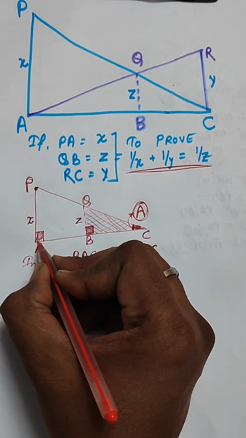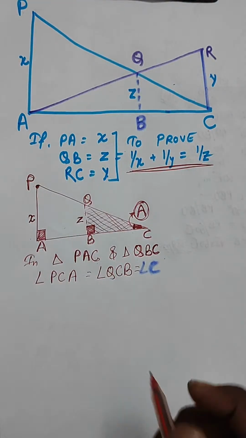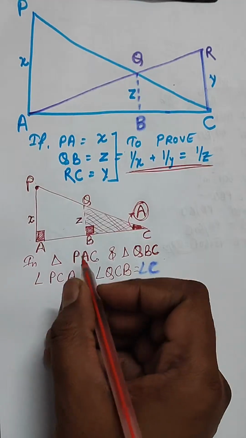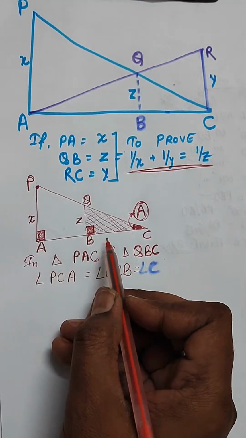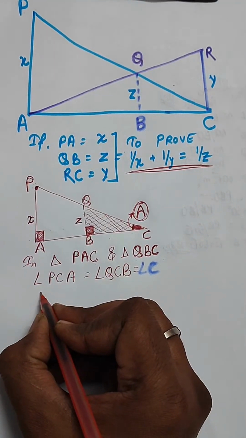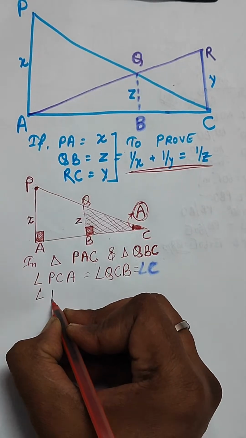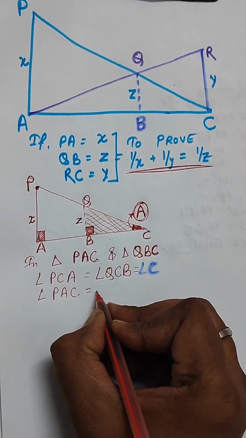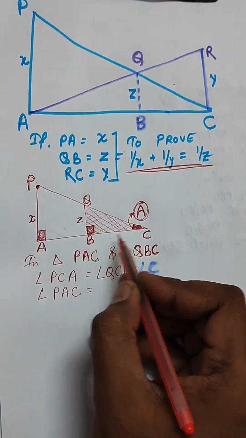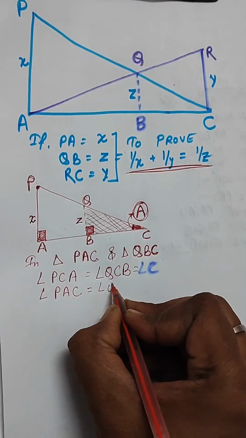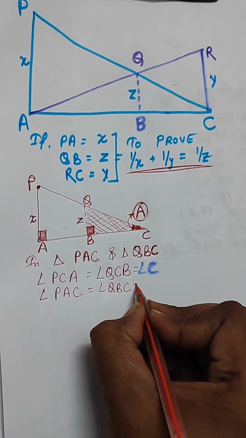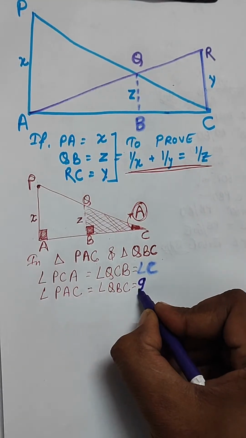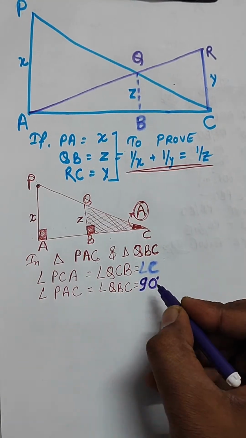So my dear friends, we can write that angle PAC is equal to angle QBC, is equal to what? Tell me. 90 degrees.